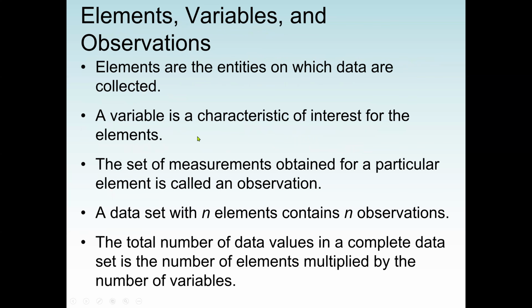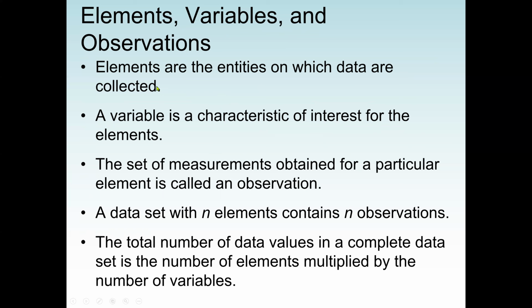So there are some terms: elements, variables, and observations. When we discuss statistics, these are a few terms that we can come across. Elements are the entities on which data are collected.